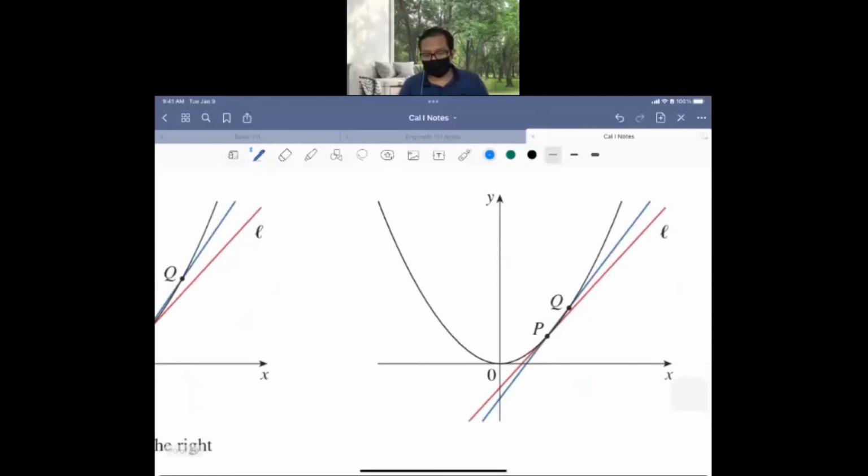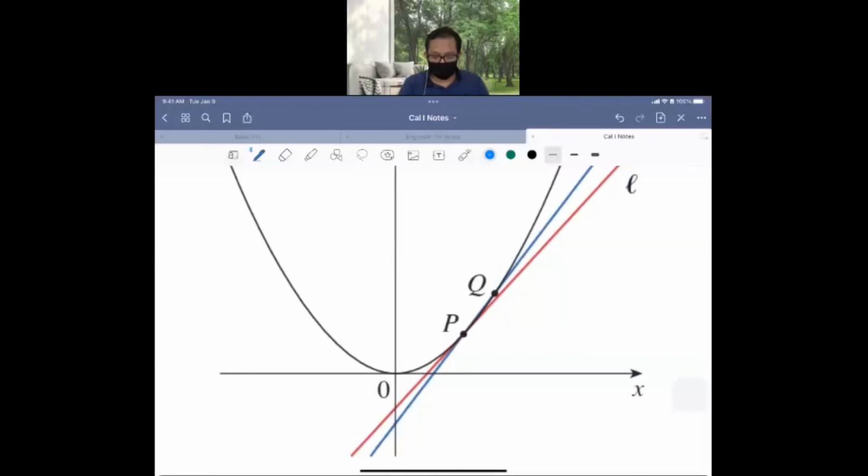So here is the close one. If you can imagine, if Q is maybe getting closer, maybe here, since we have some restriction in our pixels, you will see that it's kind of touching each other. But remember, when you deal with a limit, it's not going to be the same as its number.